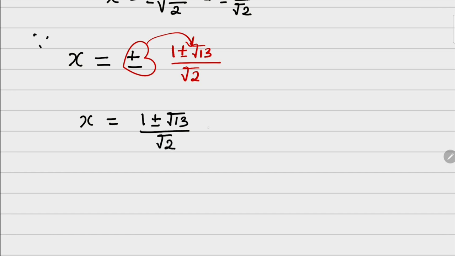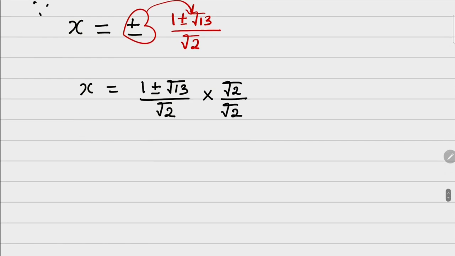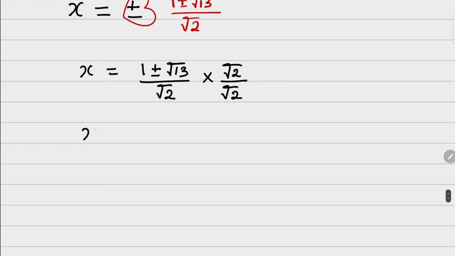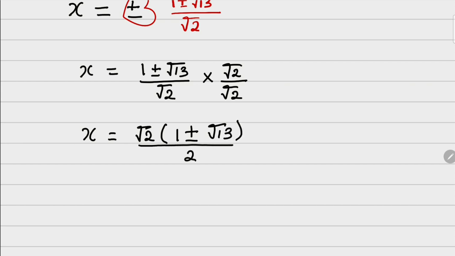So I will rationalize by multiplying the numerator and the denominator by root 2. So x will now be equal to root 2 times 1 plus or minus root 13, then all over 2.